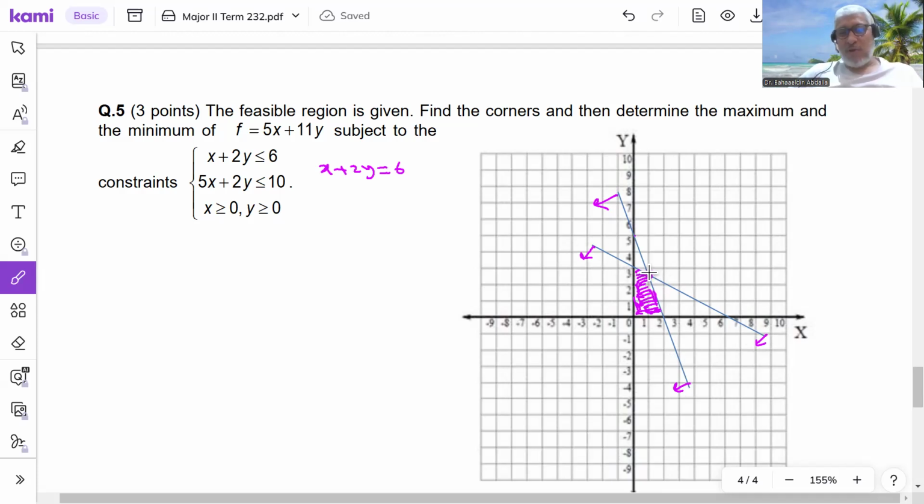Where are the corner points? This is 1, 2, 3, 4. He is asking me to find the corner points. So 0, 0, and 0, 3. What is this number? Well, if it's not clear, this is the line 5x plus 2y equals 10.